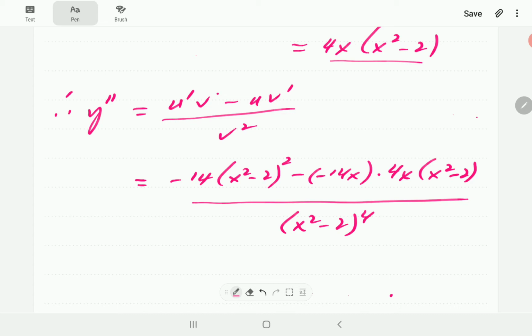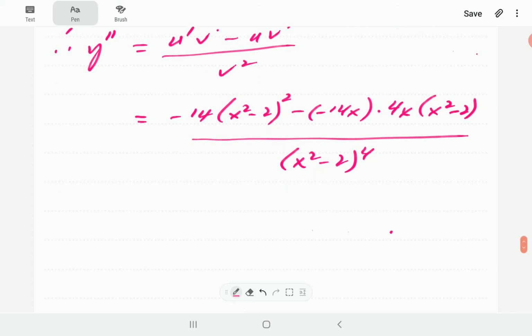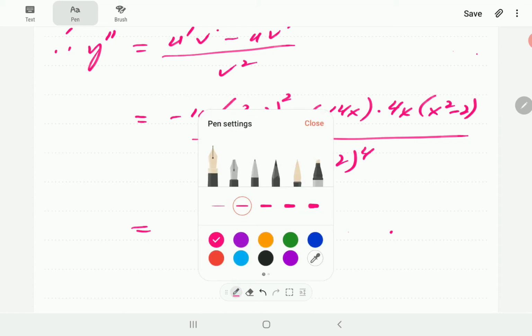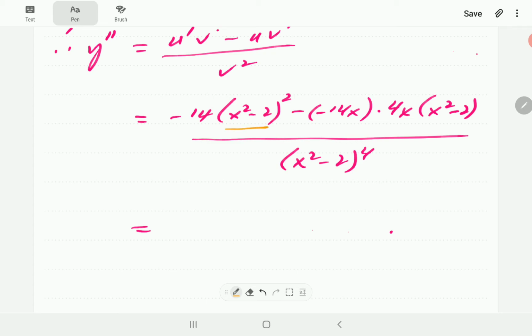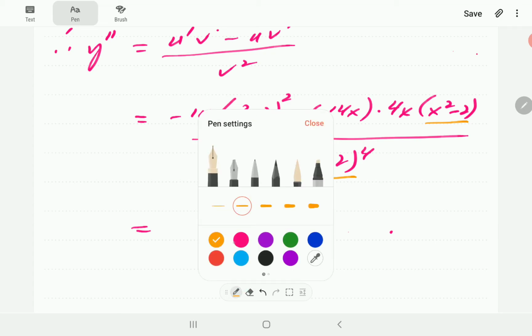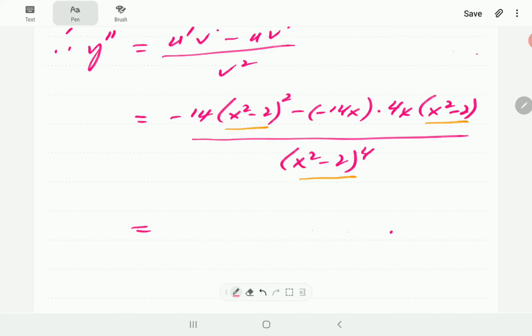Okay, now before we work through this and simplify, we notice that this term is common right through. So we're going to factorize it in the numerator. So if we factorize x squared minus 2 to the power 1, then the numerator is going to be negative 14 times x squared minus 2.